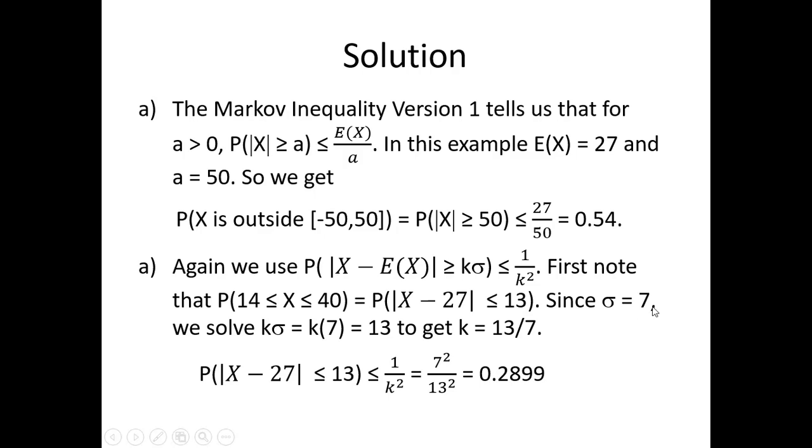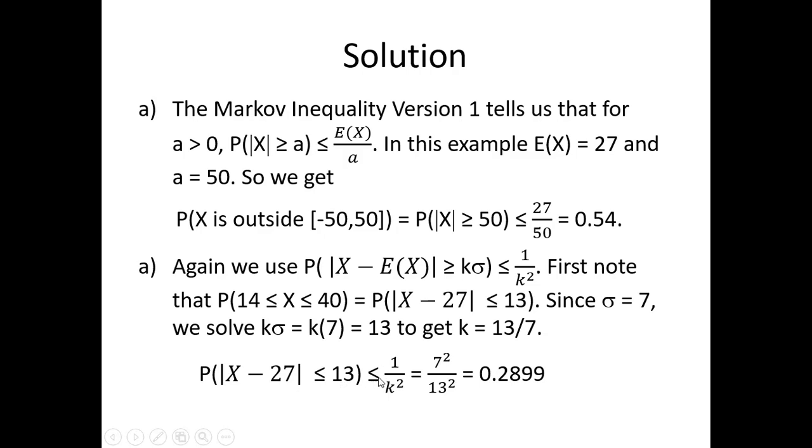We know the standard deviation is 7. So if we try to take k sigma, replace sigma with 7, so k times 7 equals 13, we could solve that. We get k is 13 over 7. Okay, so not quite equal to 2. k is 13 over 7. Now when we apply the Chebyshev inequality, okay, so I have the Chebyshev inequality with less than or equal to here.